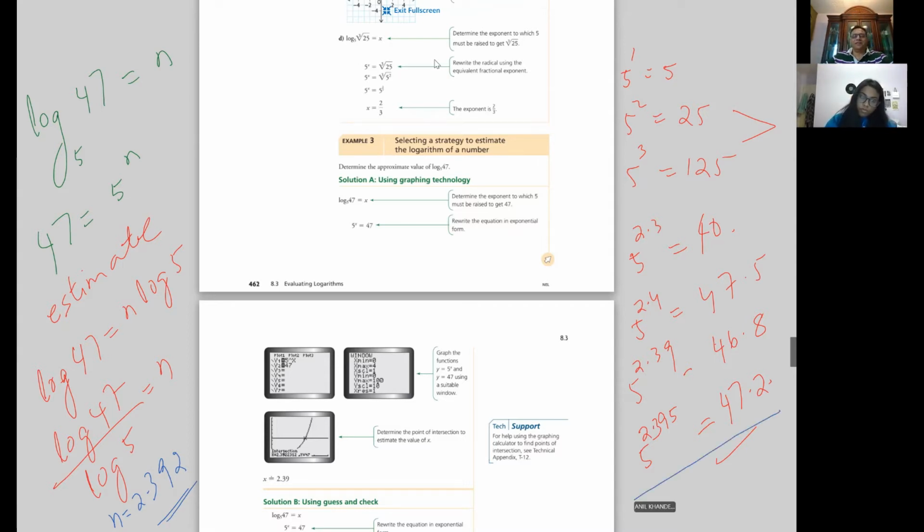You get the idea, correct? What we did was estimate the two extremes and then in between, we averaged it out, kind of. Is that clear to you? Then on the left side, we took log of 47, took log of both sides, and then calculated. Is that clear to you?